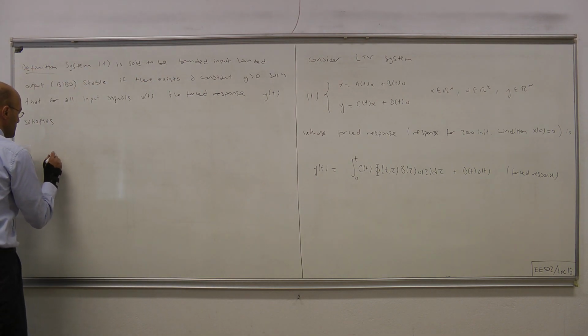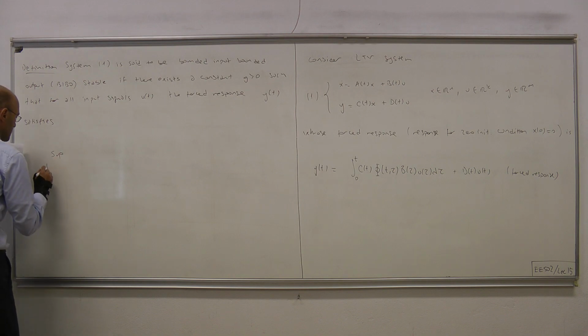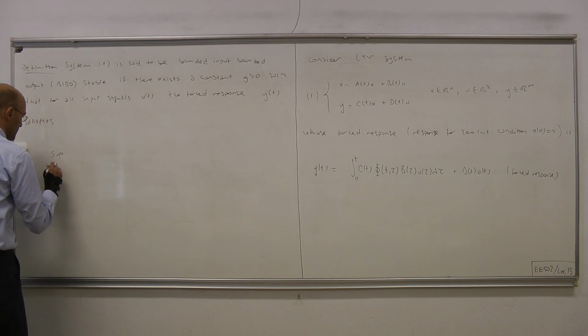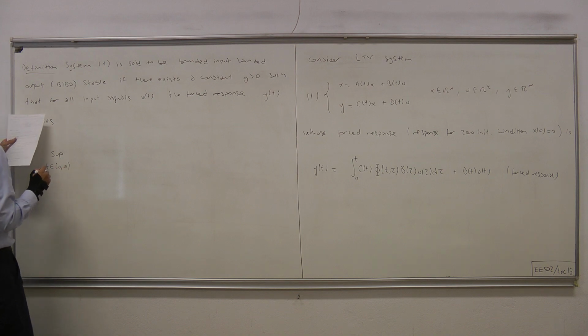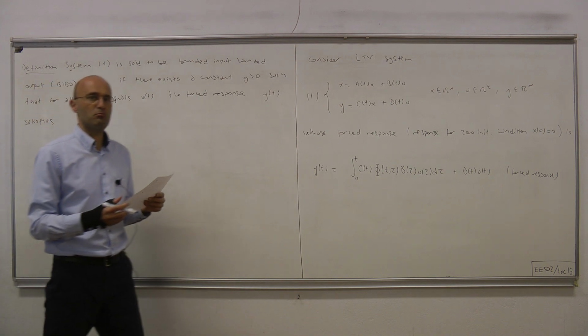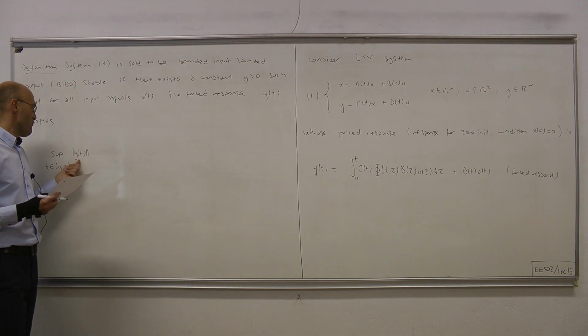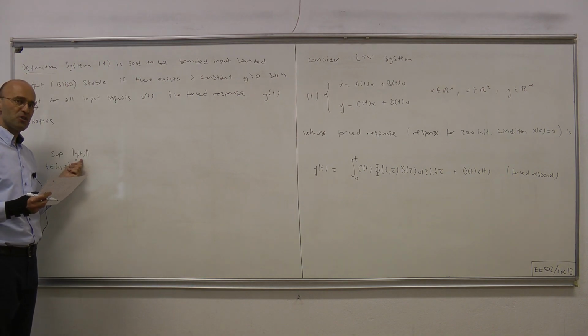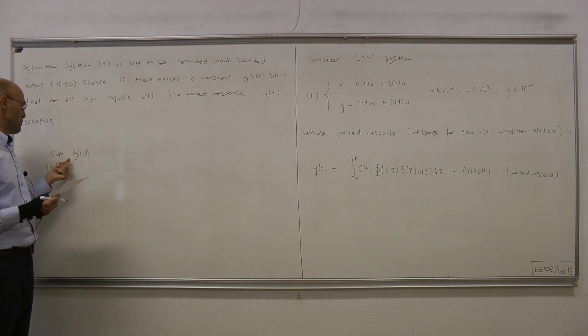Okay, so what you do is you obtain a number by computing, at least in principle, the maximum value that the norm of the response gets.